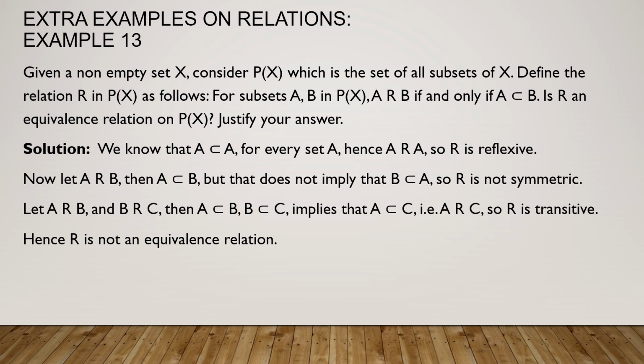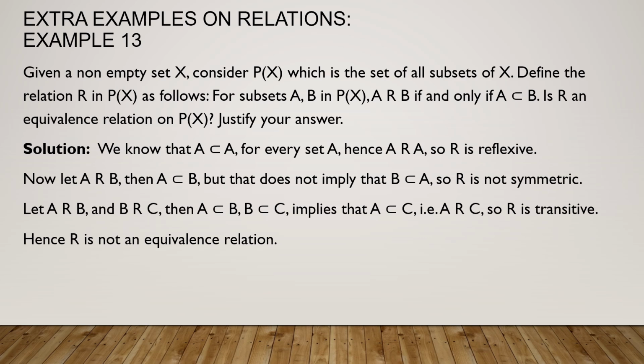Now let us try to understand this. First thing is, equivalence means we need to prove reflexive. Now here it is given that the members are subsets, correct? It is defined on Px, which is a set of all subsets. So now take any two subsets. Say if I take A, A will always be a subset of A, so it will always be reflexive.